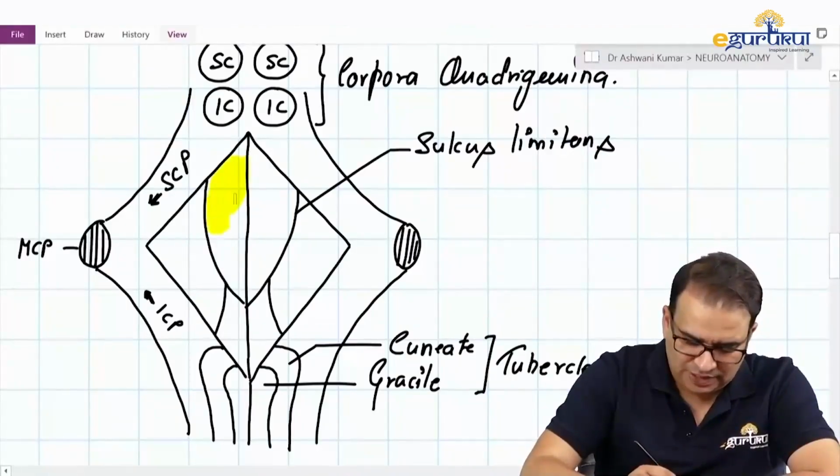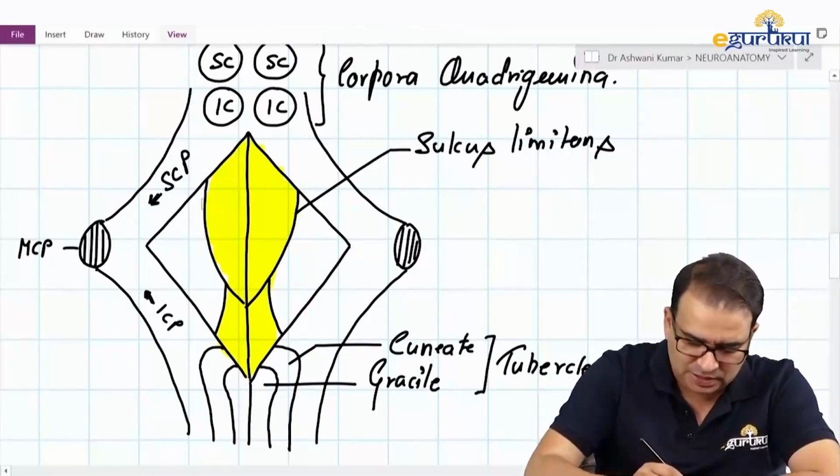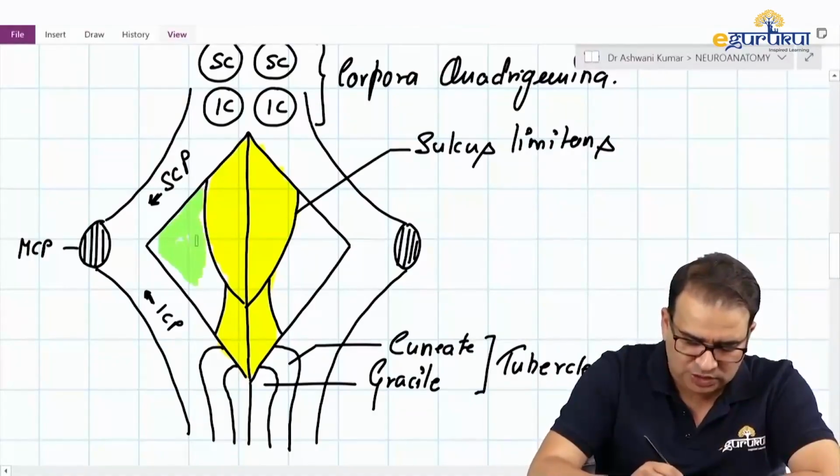Therefore everything that you see medial to the sulcus limitans is made up of basal plate. We have motor nuclei present deep to this part, and sensory nuclei will be present lateral to the sulcus limitans here.